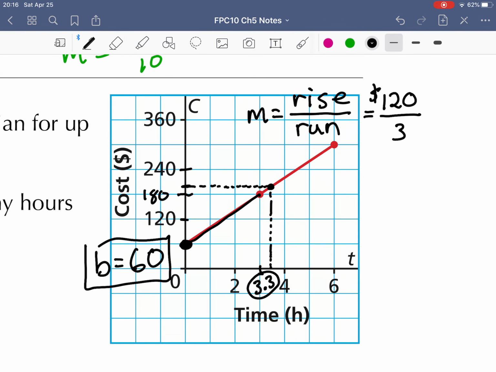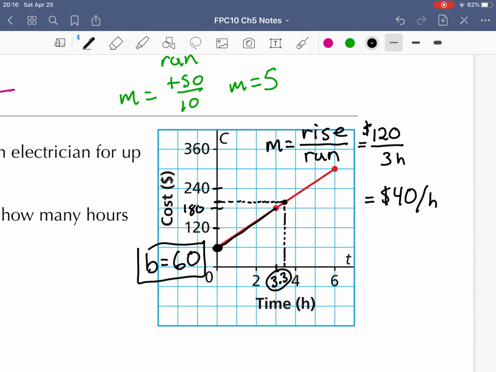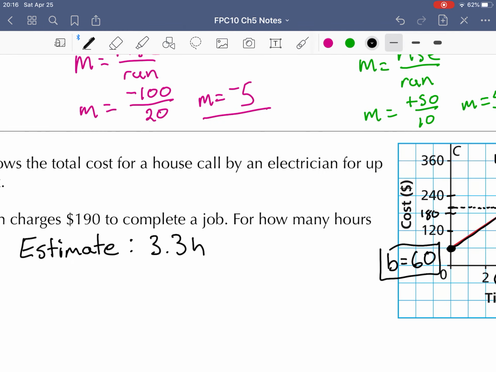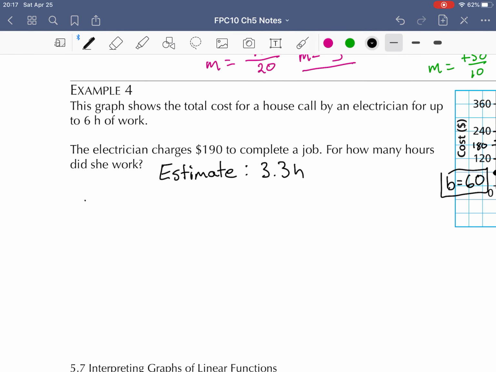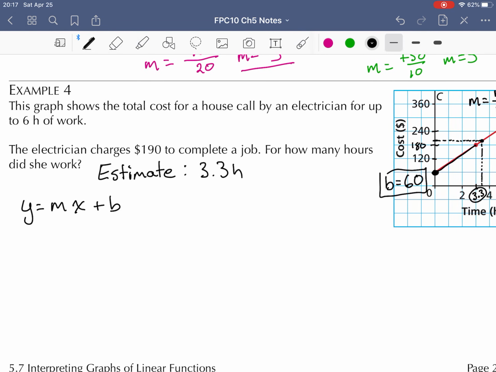And our rise is measured in dollars. It's $120 for every 3 hours. So that's going to give us $40 per hour. That is her hourly rate. She's going to charge you $60 just to come out to your place, and then she's going to charge another $40 per hour on top of that. Now, to give us an equation, y equals mx plus b.